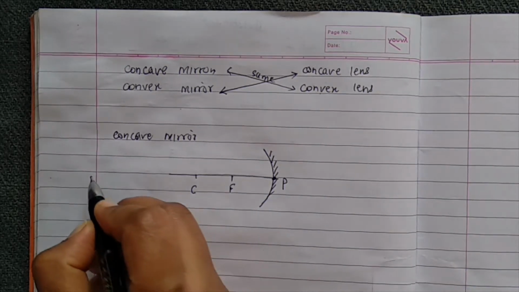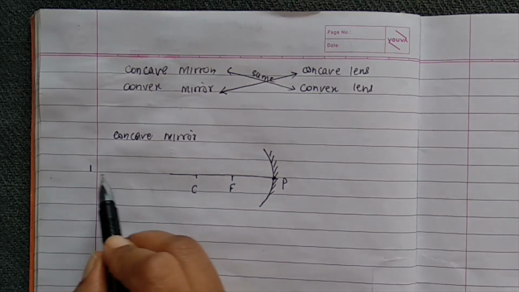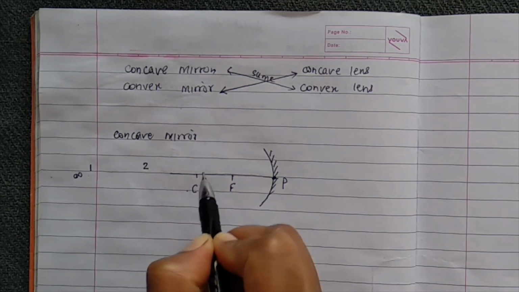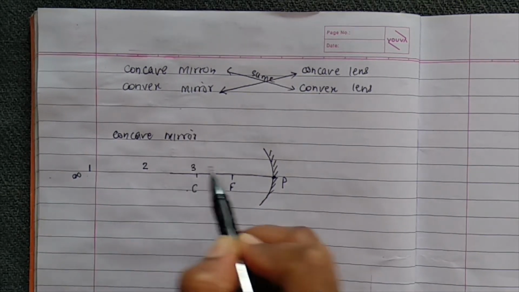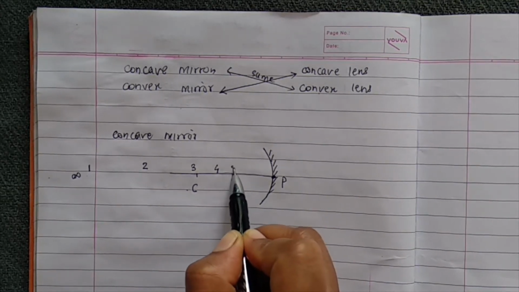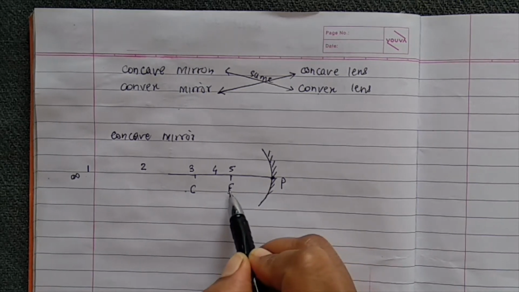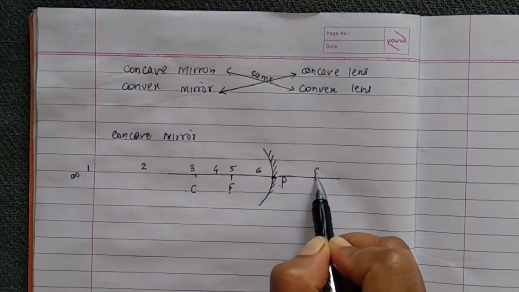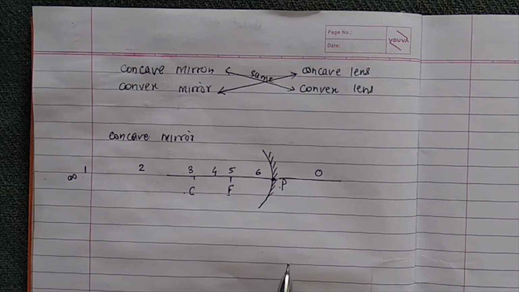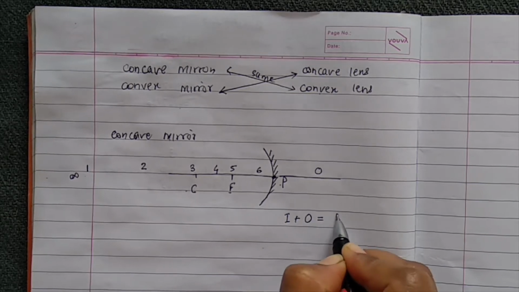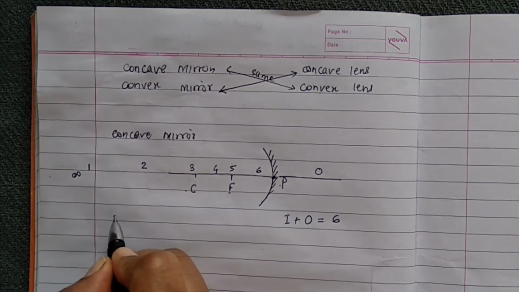Mark infinity as 1, between infinity and center of curvature as 2, the center of curvature 3, between center of curvature and focus 4, the focus 5, between focus and pole 6, and behind the mirror as 0.